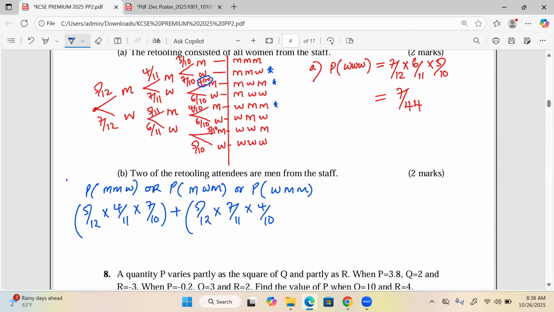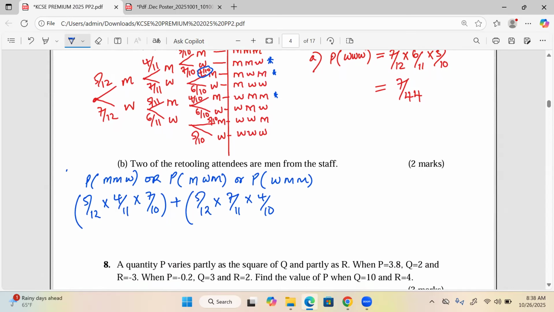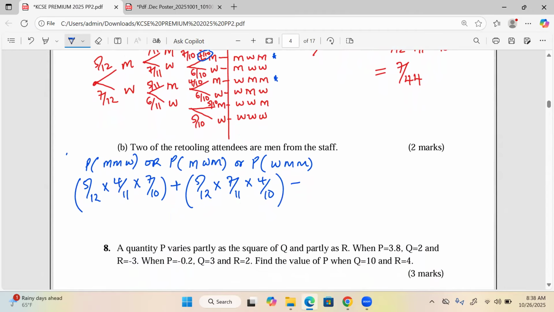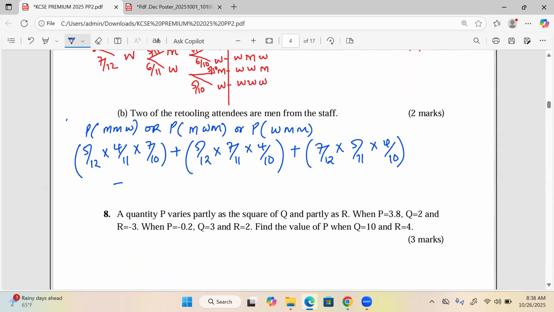So I'm picking the probabilities there. And finally, we need to add 2. We start with a woman, 7/12, then man, 5/11, and man again, 4/10, like that. So this is the probability that we are finding. This is the case that we are working out.